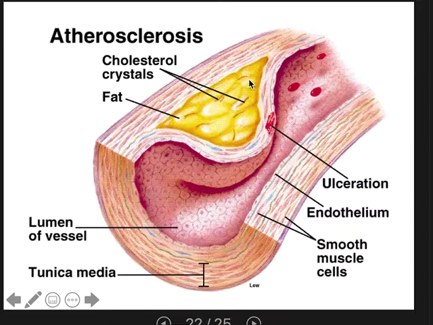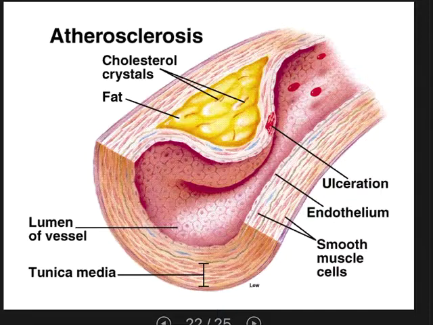And so now you have not only the narrowing of the blood vessel, but you also have hardening. And hardening makes it even more susceptible to damage. Okay. So atherosclerosis means plaque, and the plaque is referring to this fat and cholesterol crystal deposits within the wall. Okay, so plaque is crystallized cholesterol stuck to fat within the tunica media of the vessel wall.